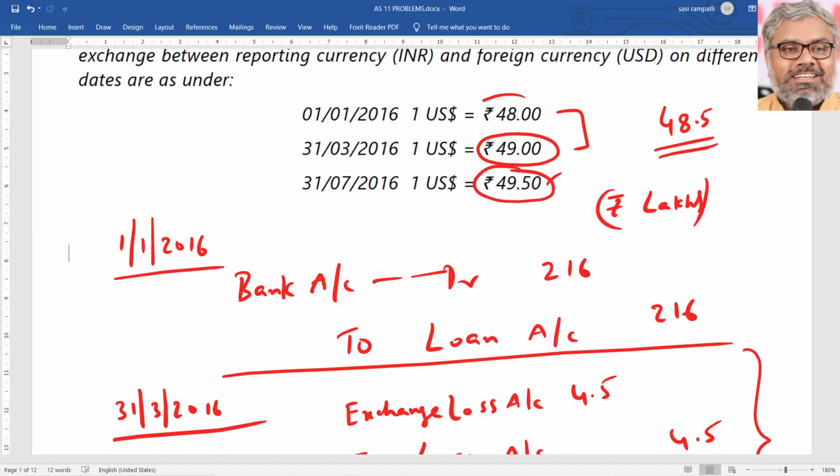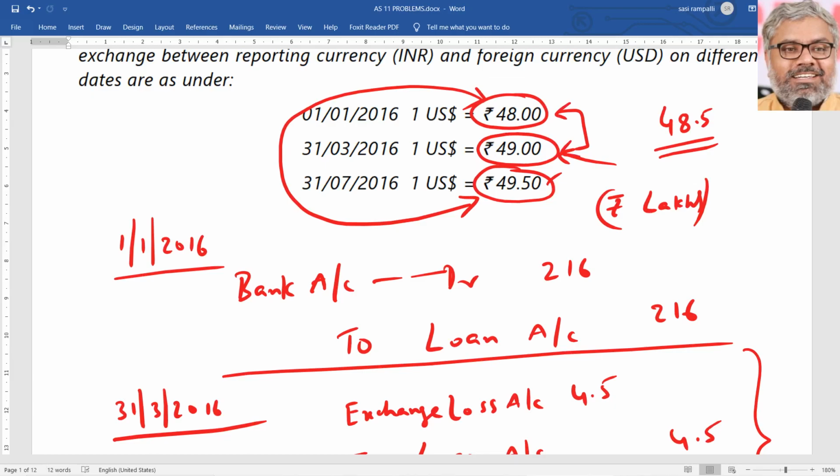So realized actual loss will always be between the date of transaction and the date of settlement. What is coming in between is the reporting date. And according to Accounting Standard 11, we have to take that into consideration, and we have to also recognize income or expenses according to the difference between these two rates also.